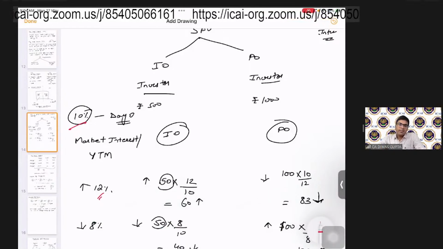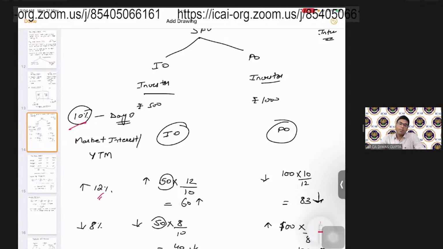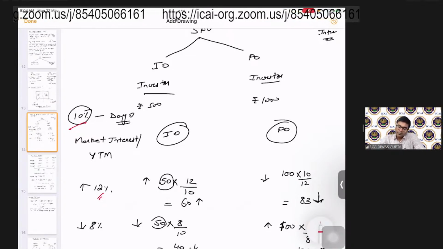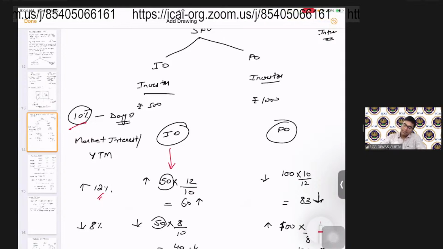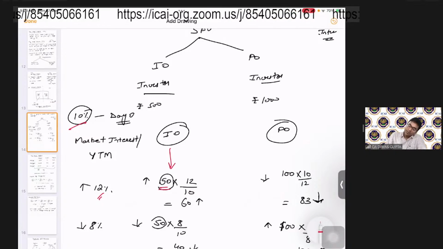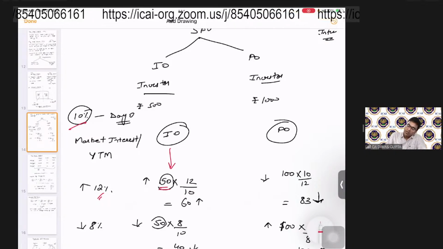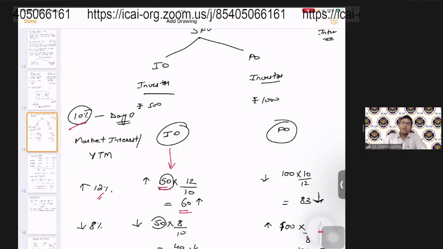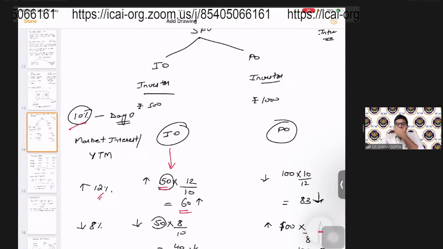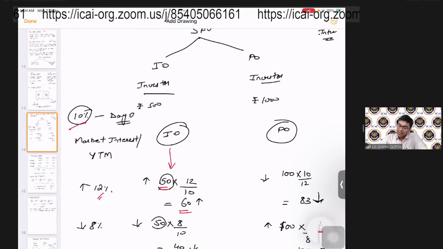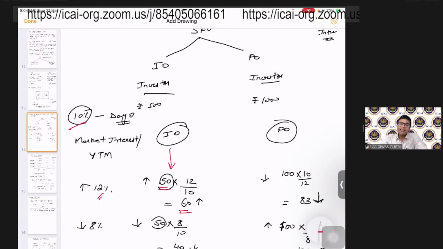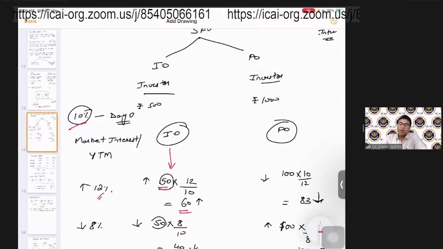The market interest rate has moved 2% higher. In case of interest only, 50 rupees, the interest amount, will get multiplied by 12 divided by 10. So it will become higher, right? The moment interest increases, the interest only amount will be higher.